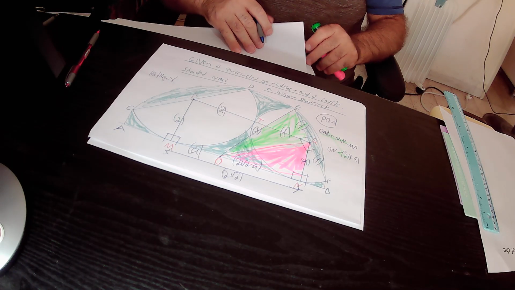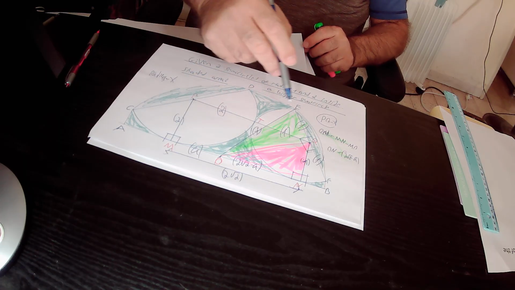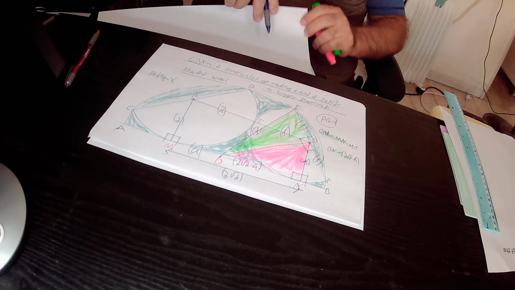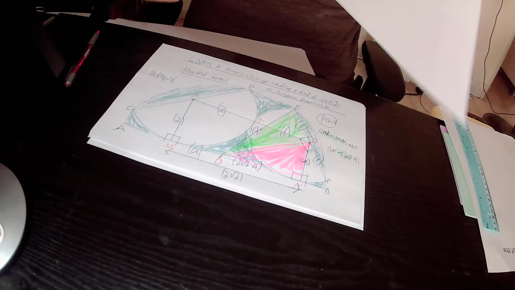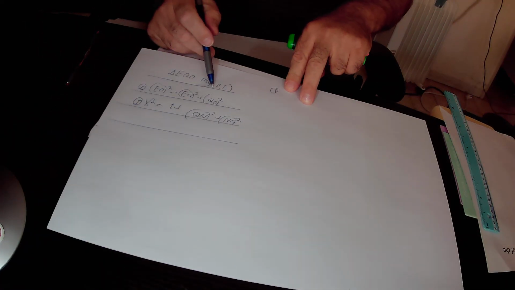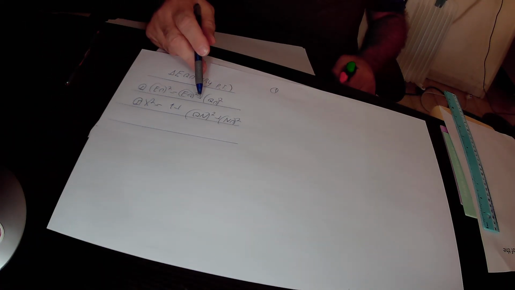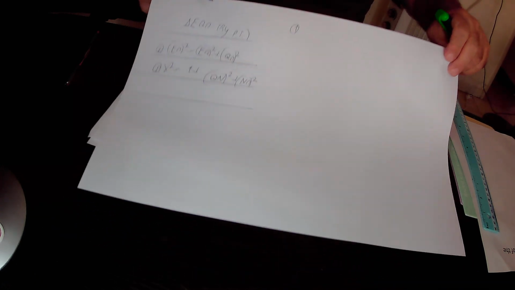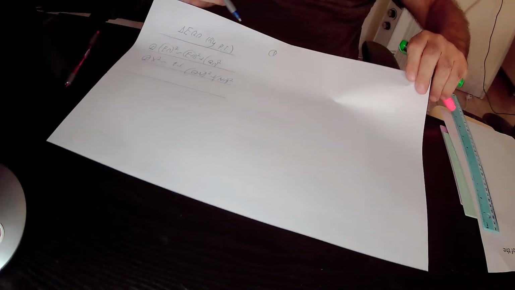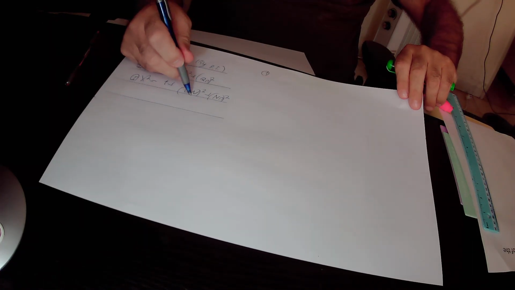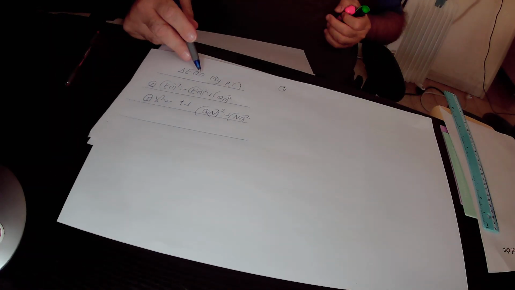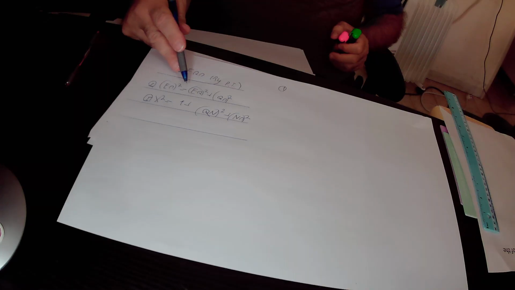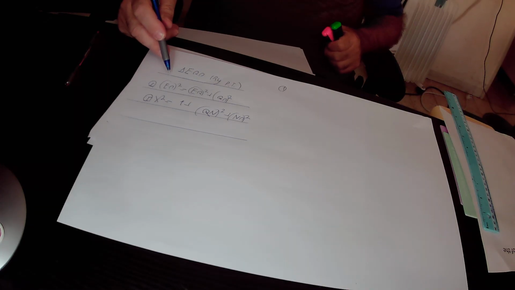EQ equals 1, therefore EQ squared is 1 squared, that is 1. EO equals x, and therefore EO squared equals x squared.